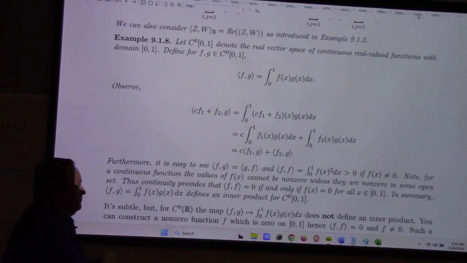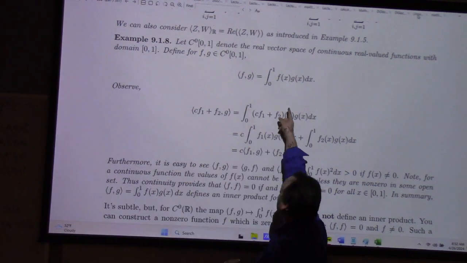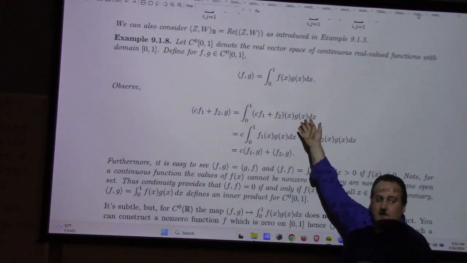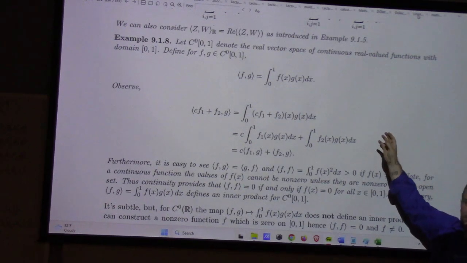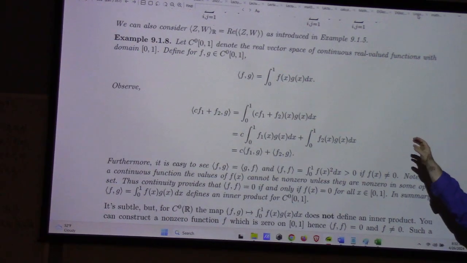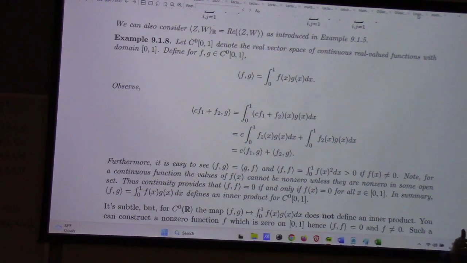And so this integration is the analog of the dot product for the set of continuous functions. Now, we have left the realm of finite dimensional vector spaces because there are infinitely many linearly independent continuous functions on the set 0 to 1, all right? So this is a dot product, quote unquote, on an infinite dimensional vector space.